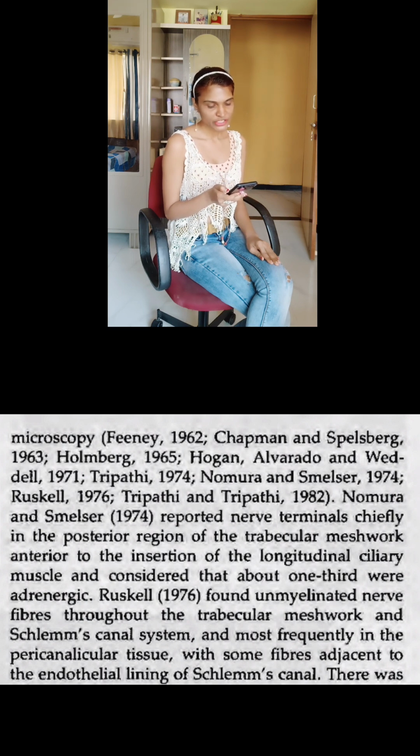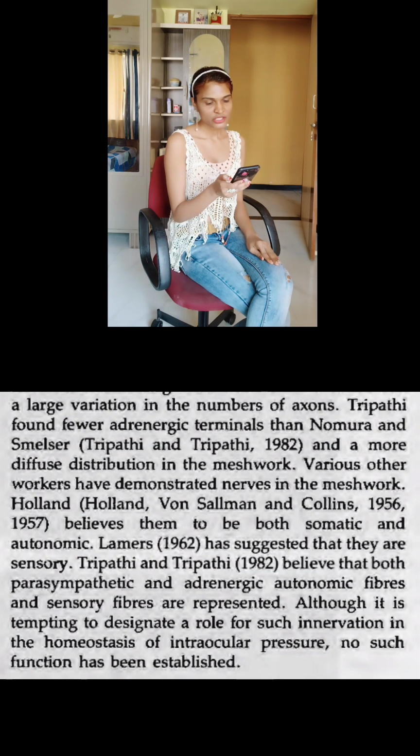Ruskell in 1976 found unmyelinated nerve fibers throughout the trabecular meshwork and Schlemm's canal system, and most frequently in the pericanalicular tissue, with some fibers adjacent to the endothelial lining of Schlemm's canal. There was a large variation in the number of axons. Tripathi found fewer adrenergic terminals than Nomura and Smelser, and a more diffuse distribution in the meshwork.